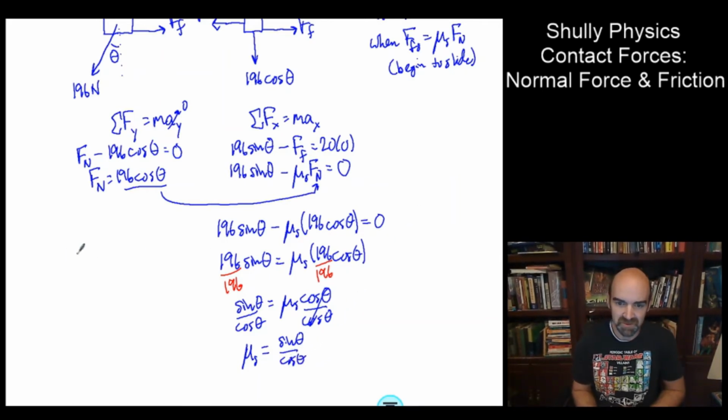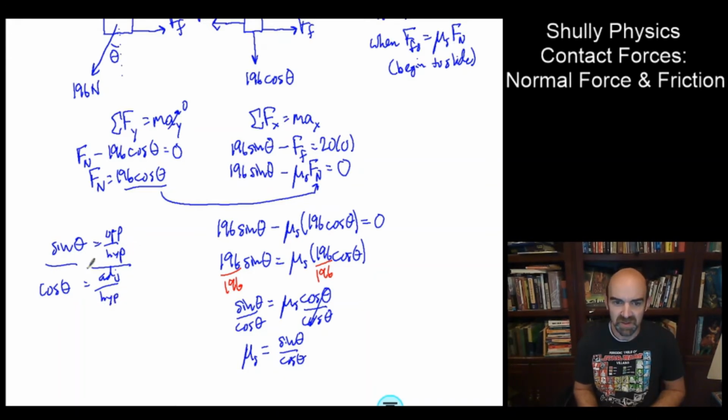And if you know your trig functions, sine is opposite over hypotenuse, and we're dividing it by cosine theta, which is adjacent divided by hypotenuse.